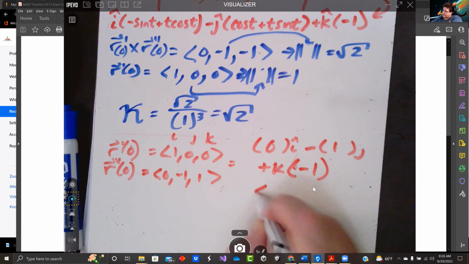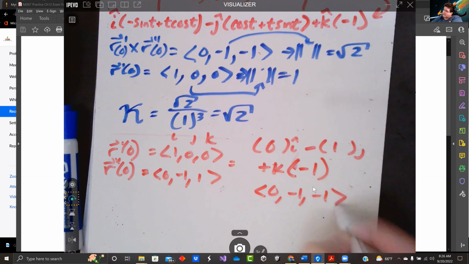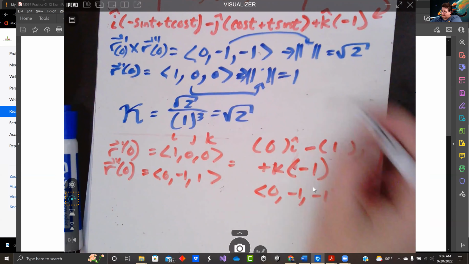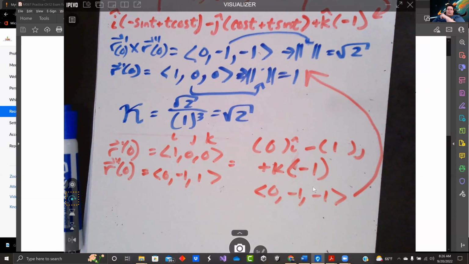So 0, -1, -1, which is what I got right there. Done. And it makes doing the cross product a little bit easier. 1, 0, 0. Good catch there, Ben. You should get a cookie for that, Ben. And that's 1.